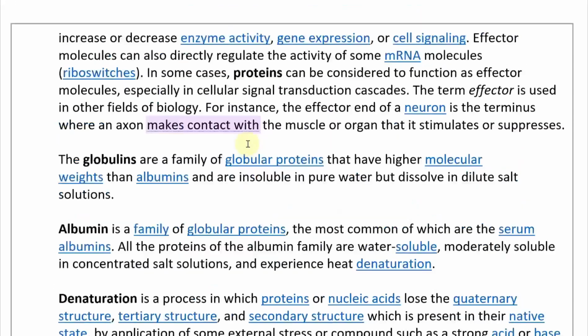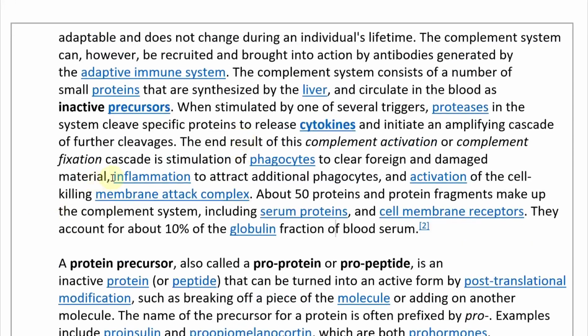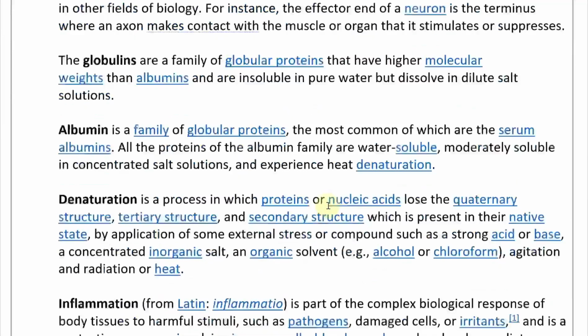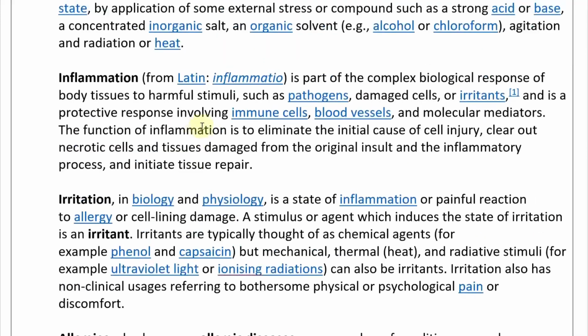Inflammation, from Latin, and here if we scroll up, this was mentioned here, part of the complement system as well, inflammation to attract additional phagocytes. So inflammation, over here from Latin, inflammatio, let's see the pronunciation here. Inflammatio.